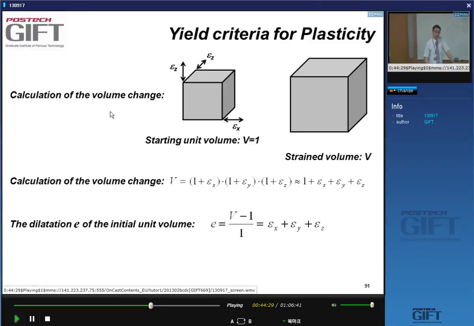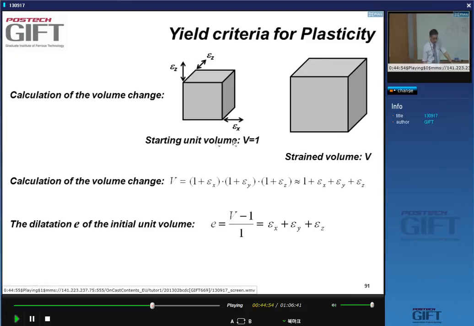Okay, so if we calculate the volume change from this little block here, and say this block has a unit volume of 1 as the starting volume, and we strain it in the x, y, and z directions, and we get a new volume, volume V. So what is the volume change?